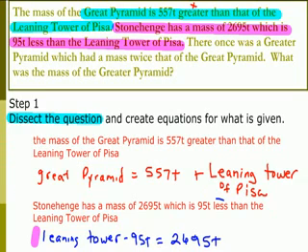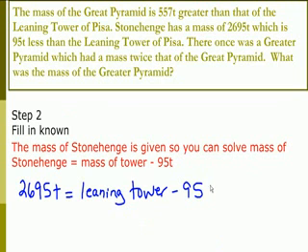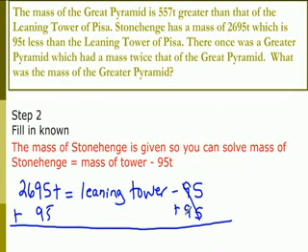Okay, we also have, we can solve this just like an equation. So let's go ahead and solve that. We need to add 95 on this side and add 95 on this side. That cancels out. We're left with Leaning Tower of Pisa equals, do our math here, 3,790t.